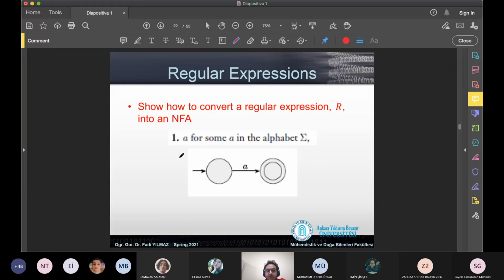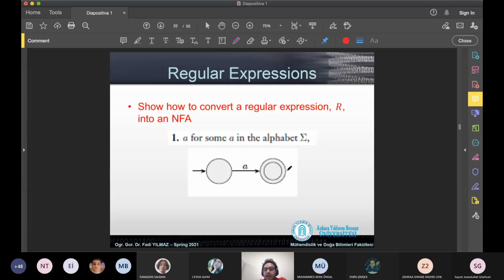Okay guys, let's look at the first one: a, for some a in the alphabet sigma. This is very simple. It should be the language {a}, where the letter a is in the alphabet sigma. So we convert this a into an NFA like this.